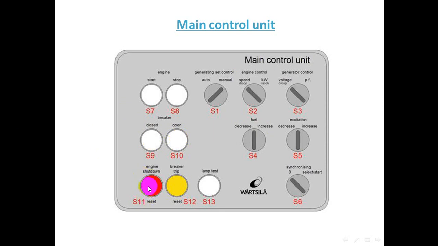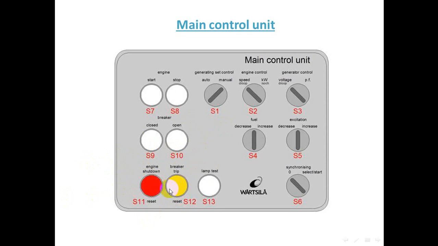S11. S11 is colored red. What does it mean? S11 is engine shutdown or reset. If you want to reset the starting of the engine, you must press S11. S12.